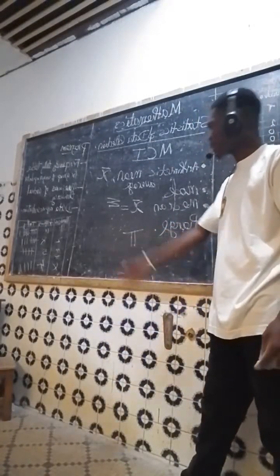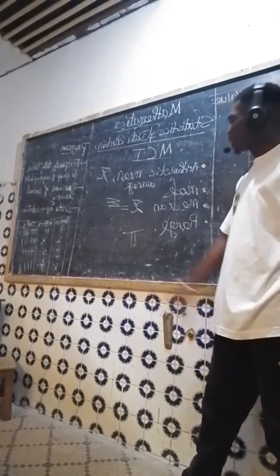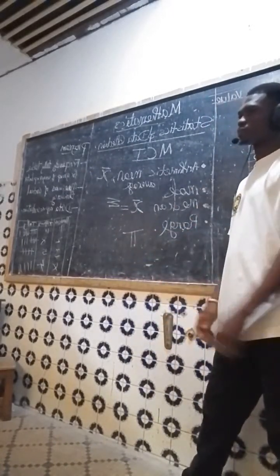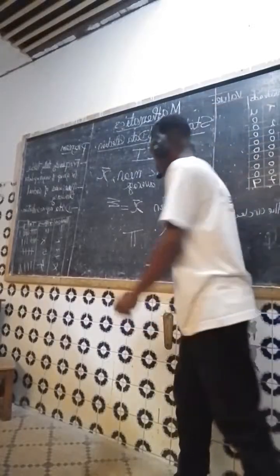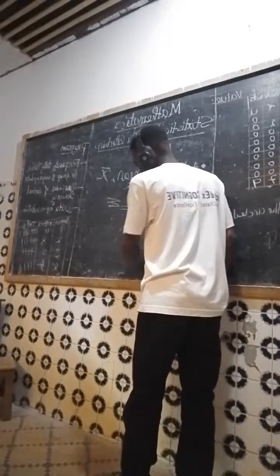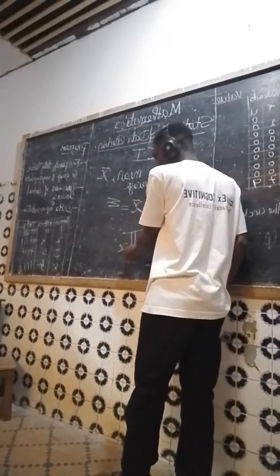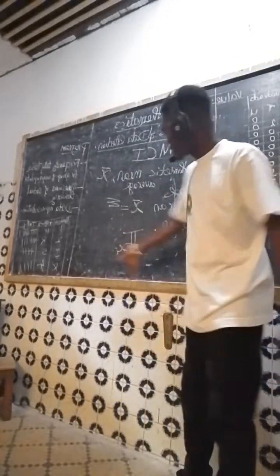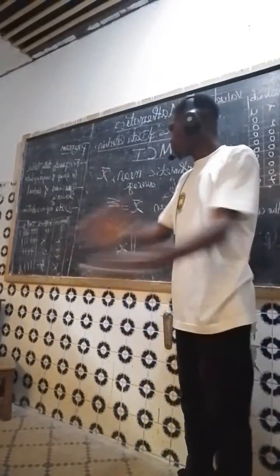But alternatively, it could also mean product. If you put this sign and you put x there, it means the product of all the xi, the different x's; you multiply them.